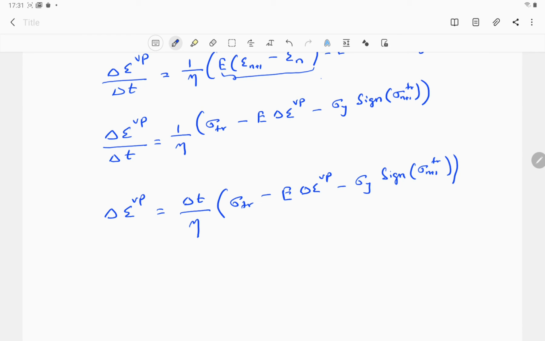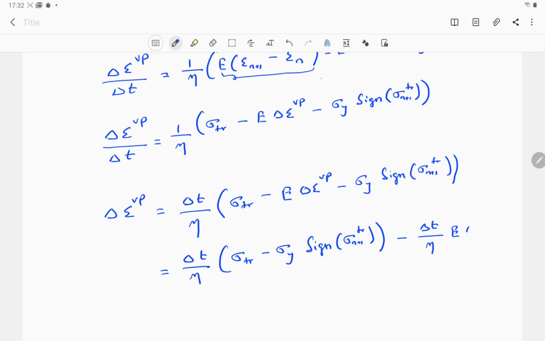As a matter of fact, delta t by eta, sigma trial minus sigma y sine of sigma n plus 1 trial, minus delta t by eta E delta epsilon Vp.